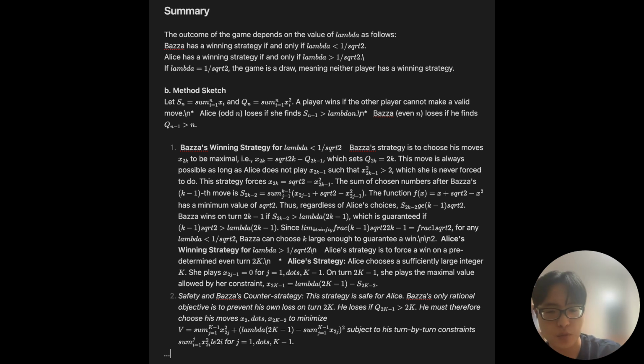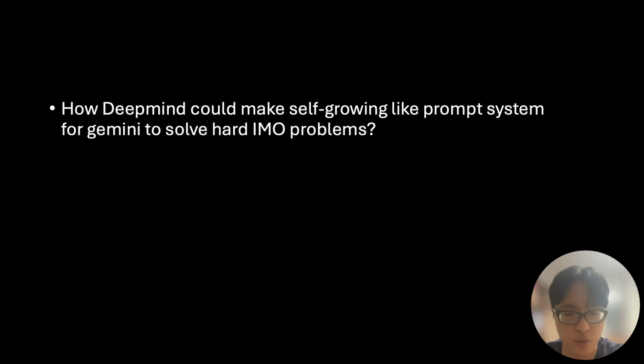So what I want to do is this: another subject could be how DeepMind could make a self-growing prompt system for Gemini to solve hard IMO problems. That is the big question.